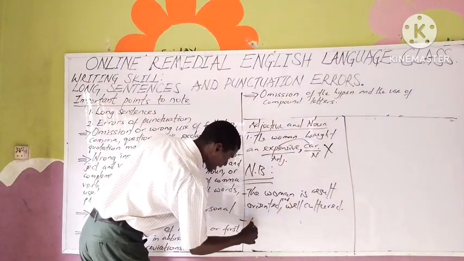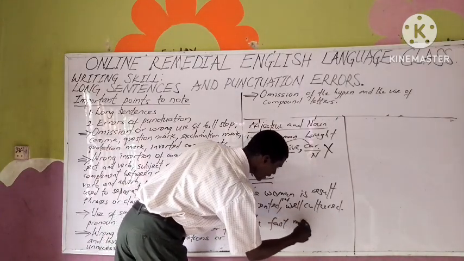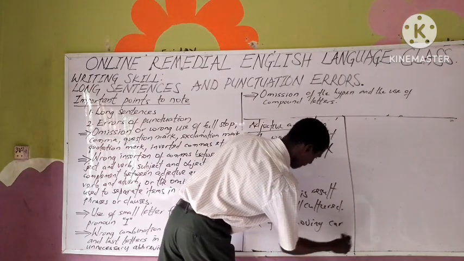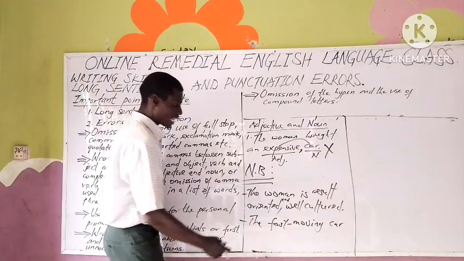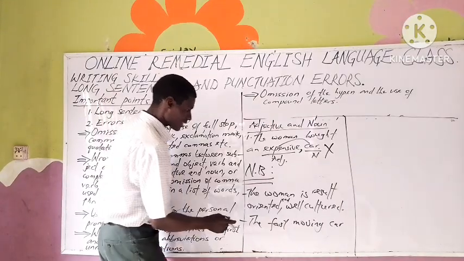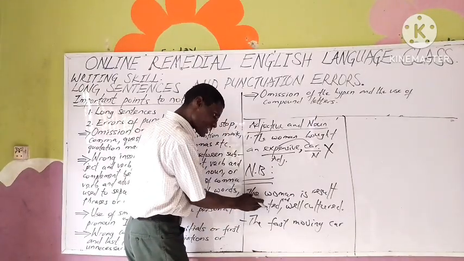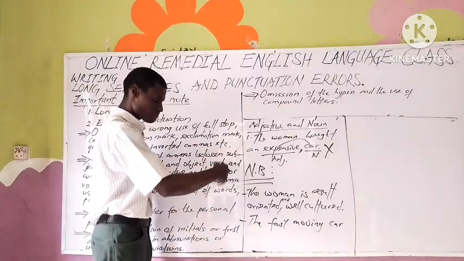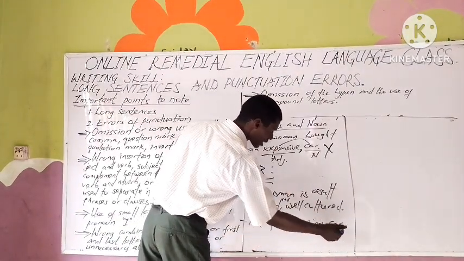Okay, let me give you the car: the fast moving car. Of course, we can make this one, the fast moving car, and of course, it doesn't work. Okay, let me add one more. Let's do: the expensive, comma, fast moving car. It will do.